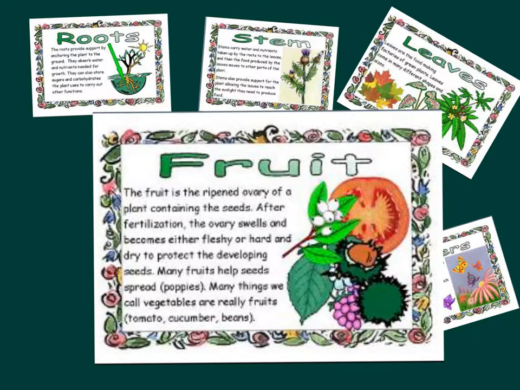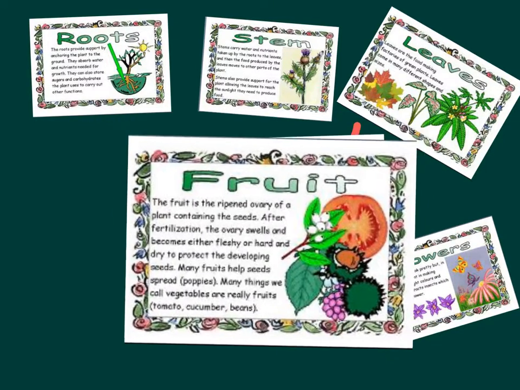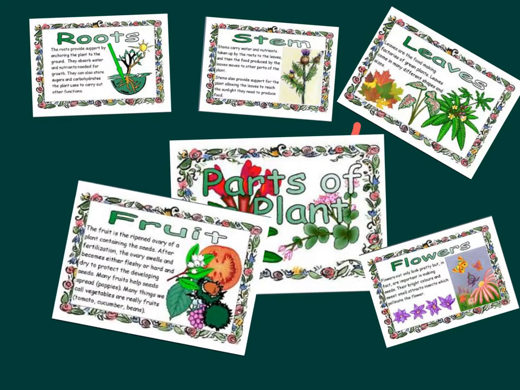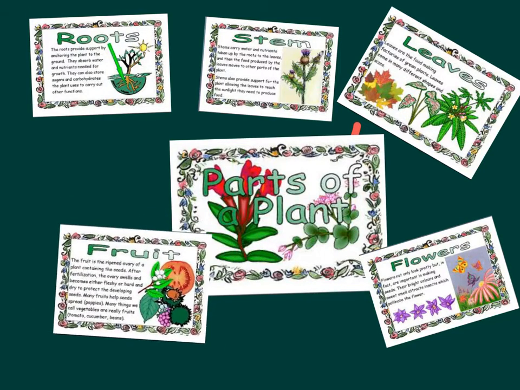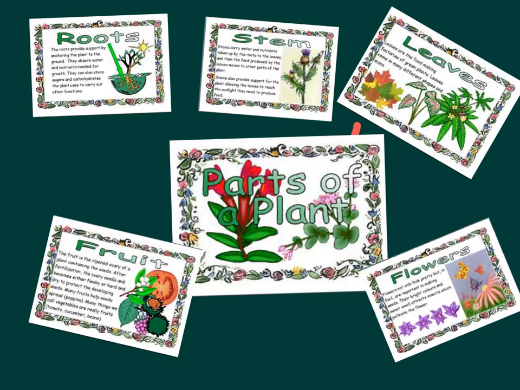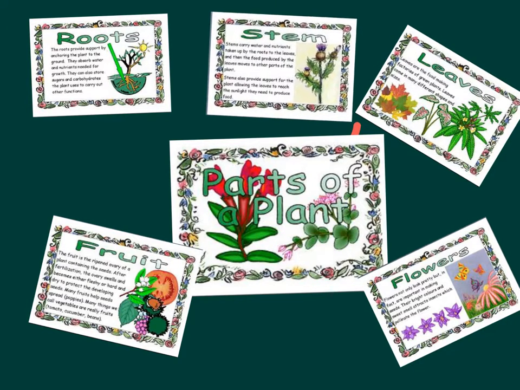It protects those seeds. And so many fruits help the seeds spread. Many things that we call vegetables are really fruits, like tomatoes and cucumbers and different things like that. So those seeds then move on, and as we see, it all goes in a circle. It's almost like a life cycle. It really is like a life cycle, because it goes from a seed, which is kept in the fruit, to the roots.